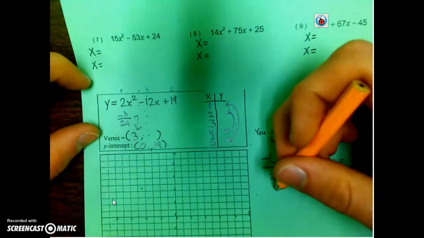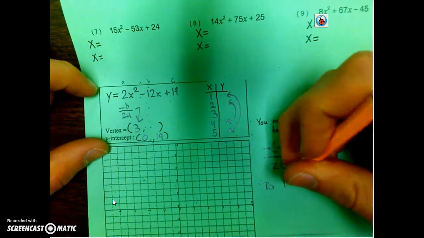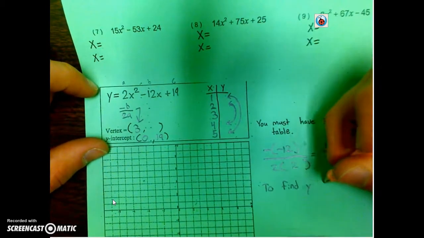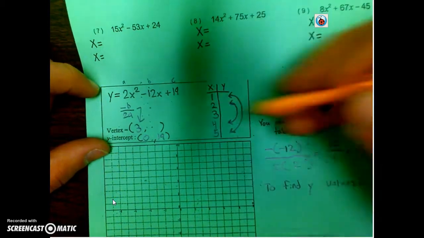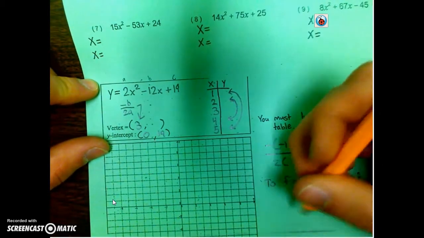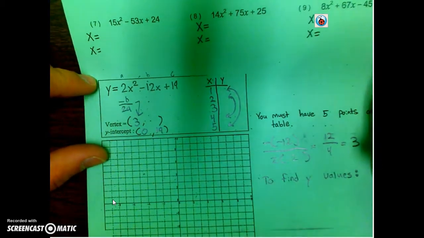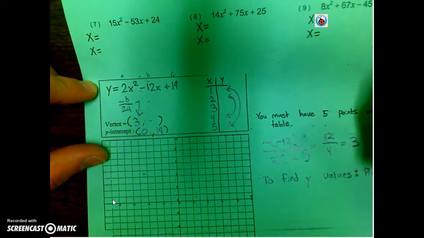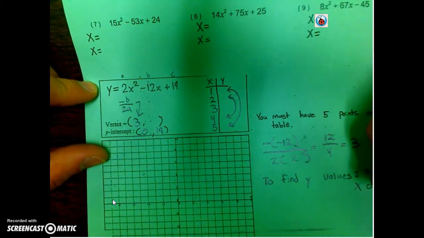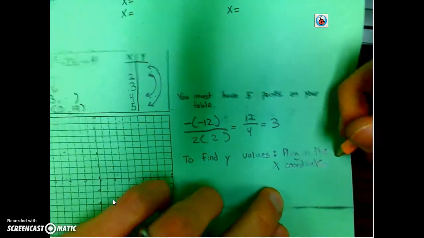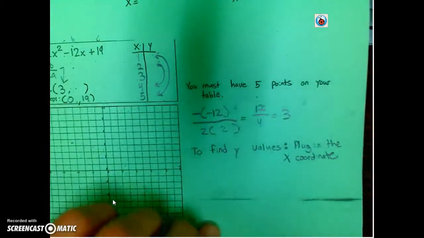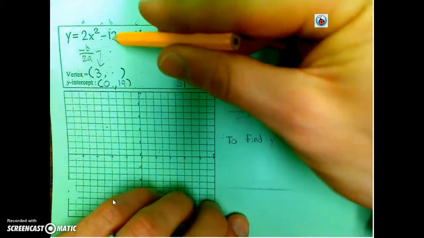Remember, to find y values, what we do is we use our equation. Everywhere that I have an x, I'm going to plug in our numbers. So to find our y values, plug in the x coordinate. What I'll be doing is taking my equation.